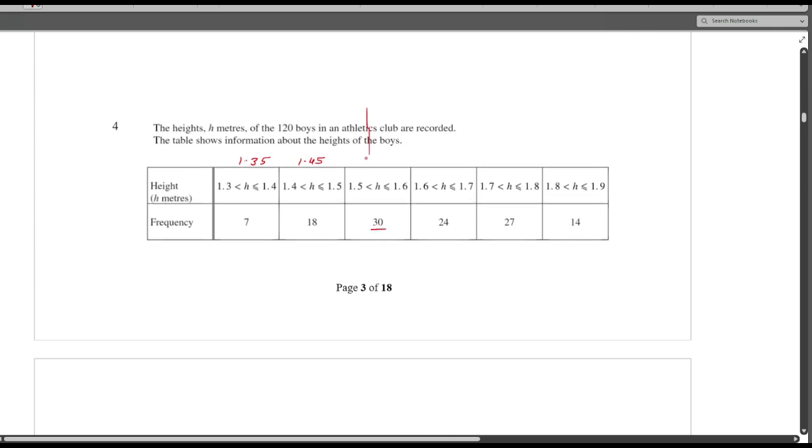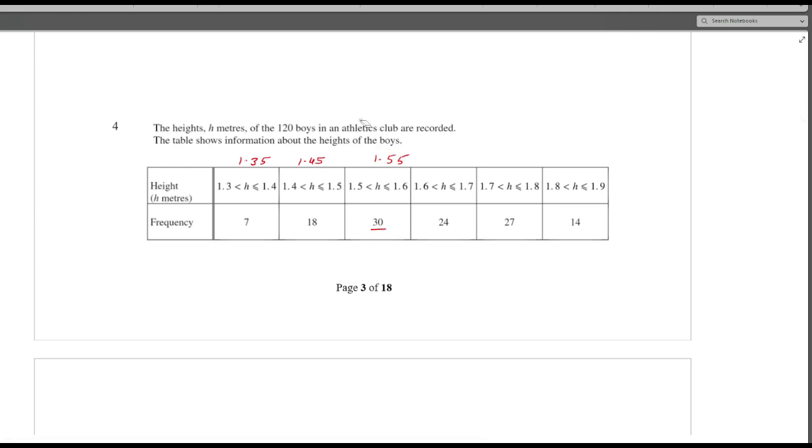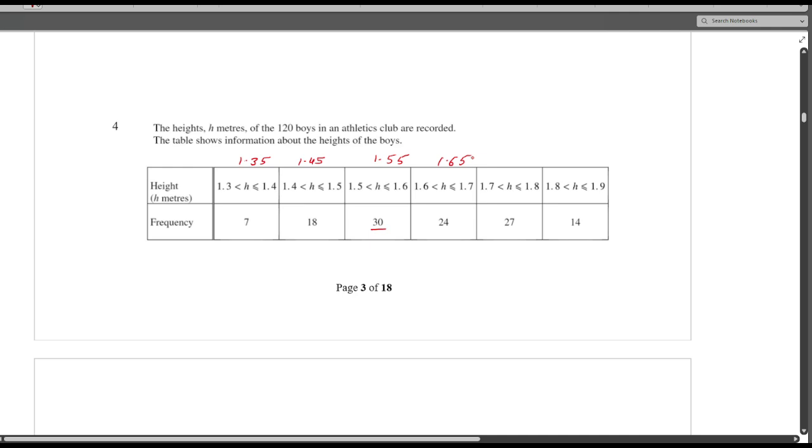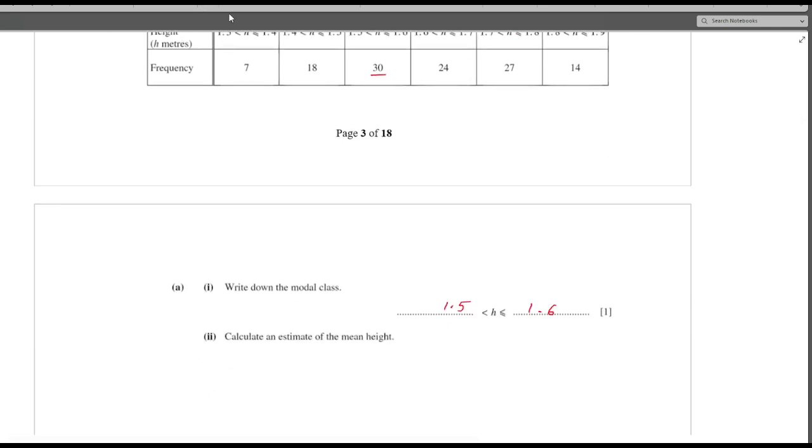Here it is 1.55. Then here it is 1.65, 1.75 and 1.85.